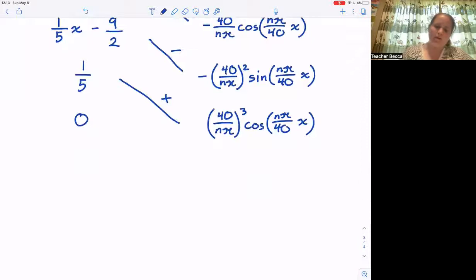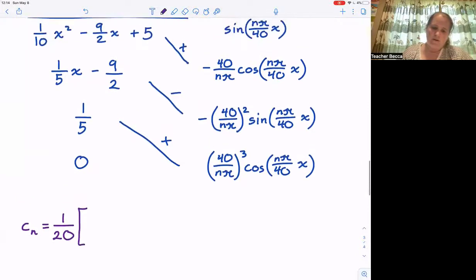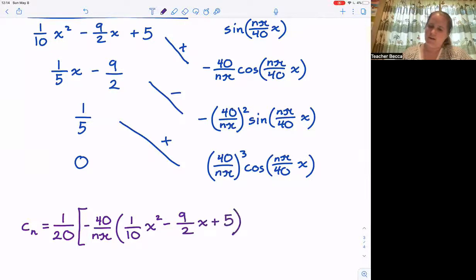We are looking at our c sub n's are equal to 1 over 20 times, we have our negative 40 over n pi times 1/10 x squared minus 9/2 x plus 5, all multiplying cosine n pi over 40 x.